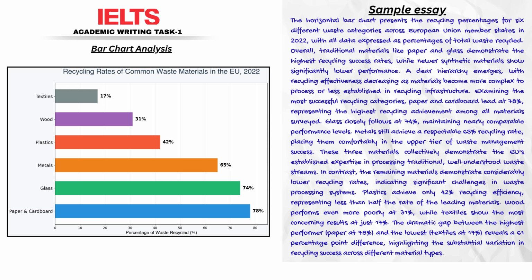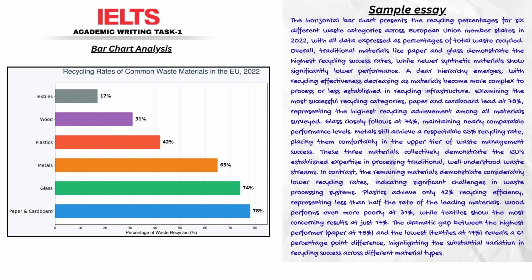Next, and arguably the most crucial part of your essay, is the overview. A common mistake is to jump right into the percentages. The model answer avoids this perfectly. It says, overall, traditional materials like paper and glass demonstrate the highest recycling success rates, while newer synthetic materials show significantly lower performance.